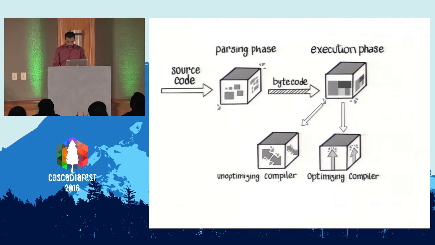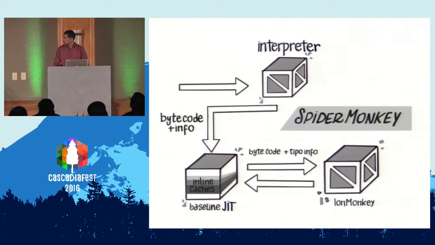So switching to a real-world architecture, SpiderMonkey is not too far from the previous example. It has an interpreter that will receive the source code, transform it into bytecode, and initially execute it without compilation.